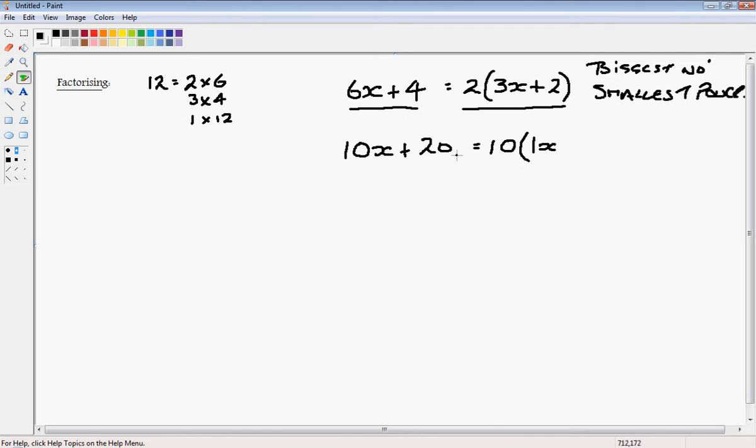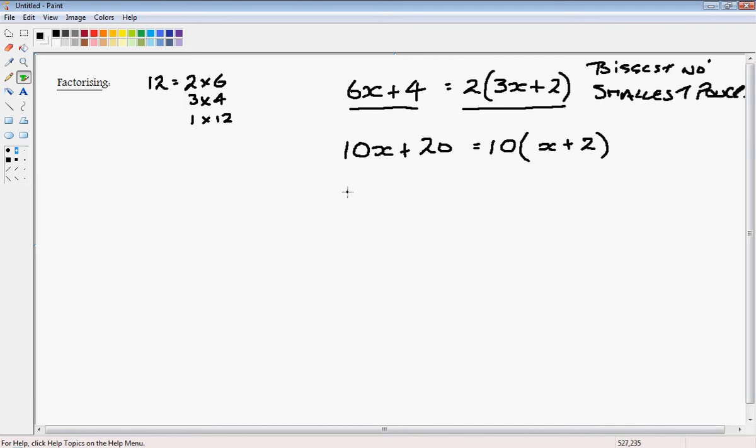Yeah, that makes sense. And then 10's into 20 goes 2. Now we tend not to write 1 in front of an unknown or a variable. So if you write the 1, that's fine, but try and get into the habit of, if we get 1a, 1b, 1c, that we just write a, b and c. So this is the answer to this.